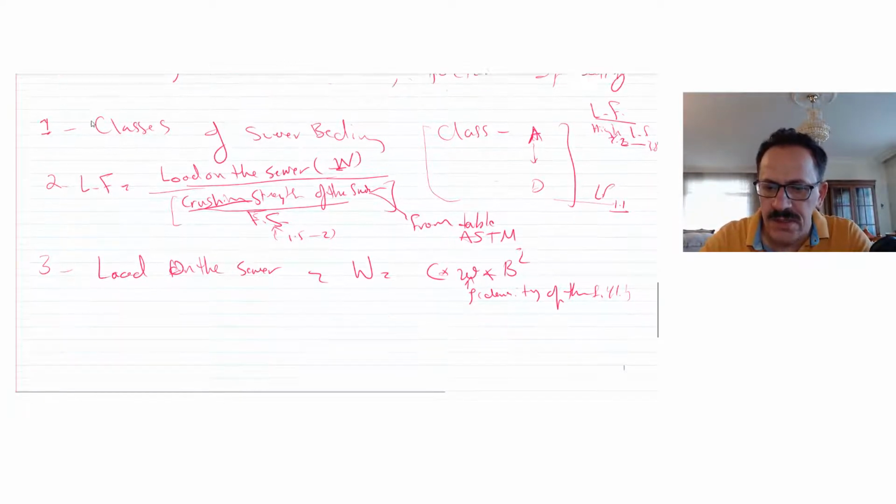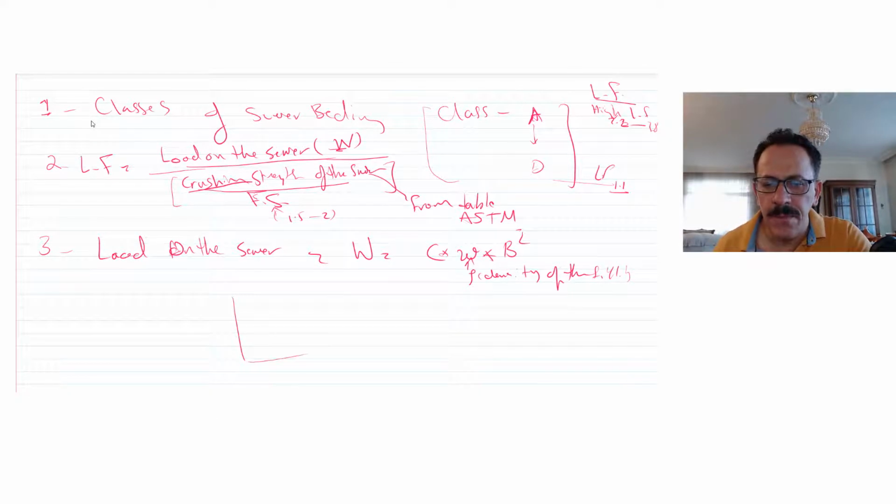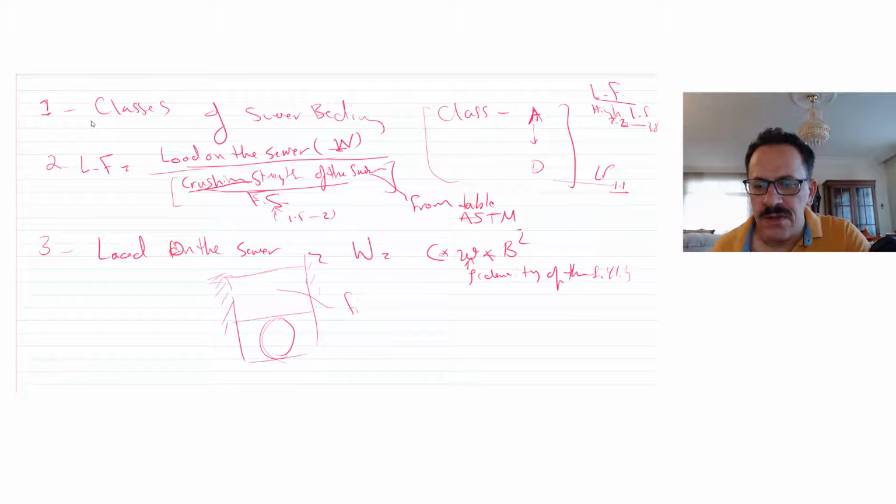So it means how much it will be if you have a sewer here. The filling material, for example, here is the filling. So what is the rho? How much is the kilogram per meter cube it will be? This is called small w.